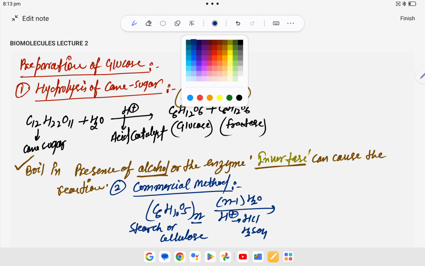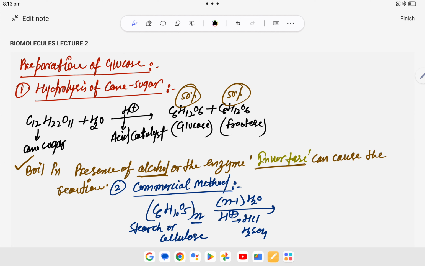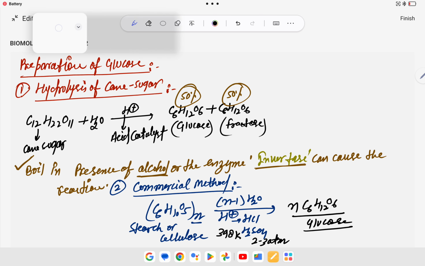What is the other condition? Temperature should be 398 Kelvin and pressure 2 to 3 atm. Then n molecules of glucose, C6H12O6, will be formed. Okay, so that is the formation, children.